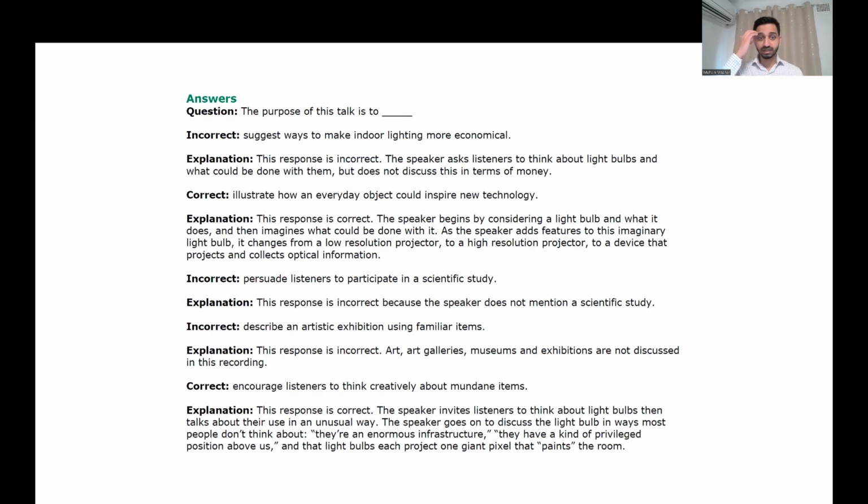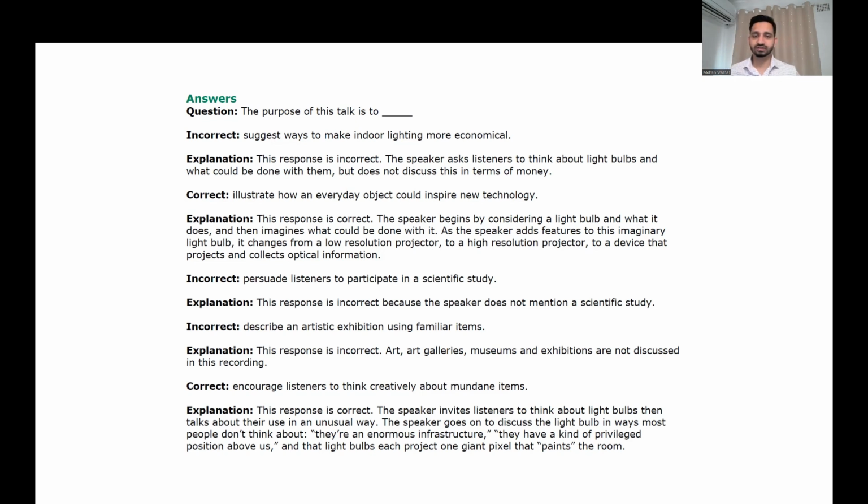The third option, persuade listeners to participate in scientific study. It doesn't persuade the listeners to get involved in a scientific study. The speaker is not trying to do that. In no way does he say, you should participate in the scientific study. So that will be wrong as well.